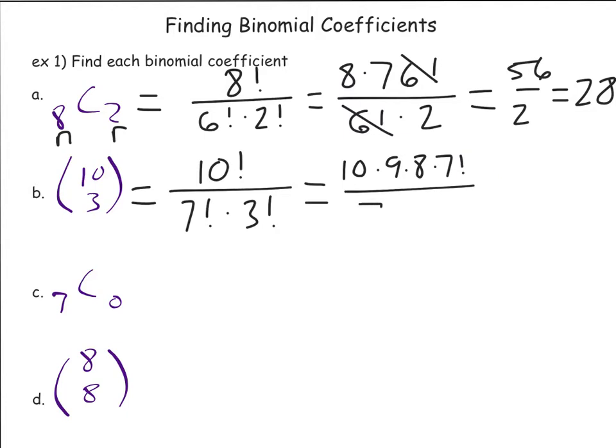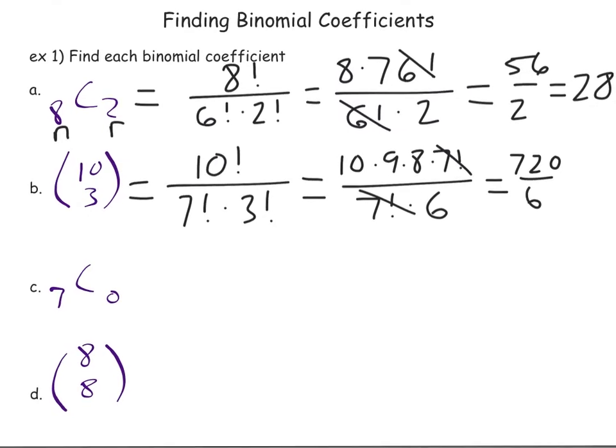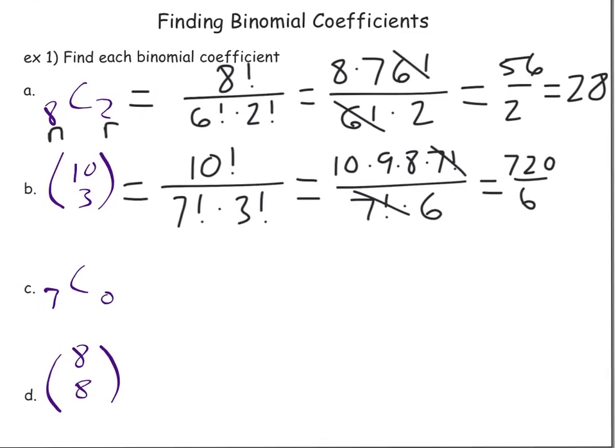I'm going to stop at 7, and there's 6, so that'll cancel, that'll cancel. This would be 720 on the top over 6 on the bottom. And that'll be 120.